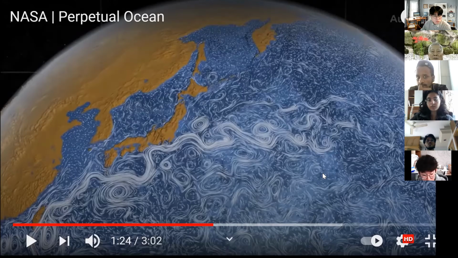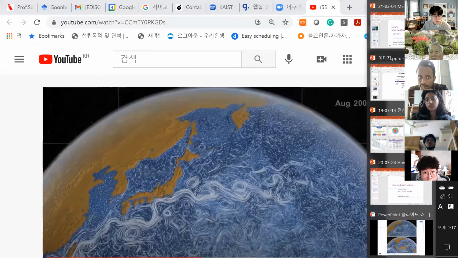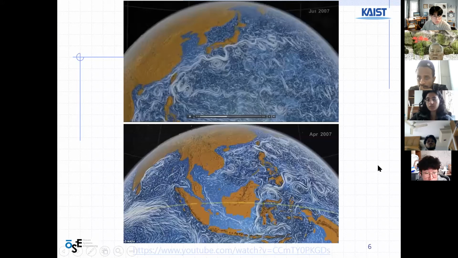Can I return back to my slides? Okay, yeah. Right. So as a satellite, they capture photos or images. They stitch the series of photos to make a video like this, because the motion of the ocean is not so fast.